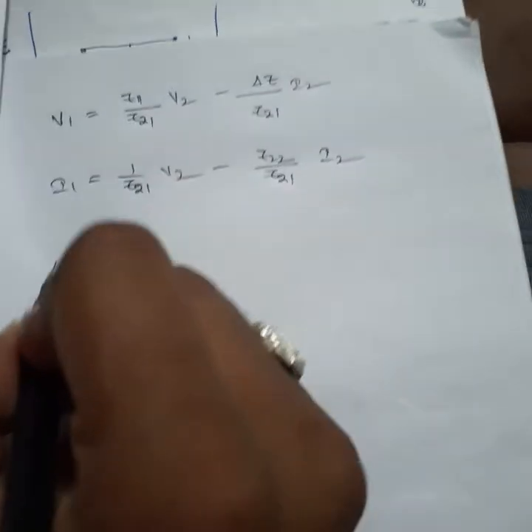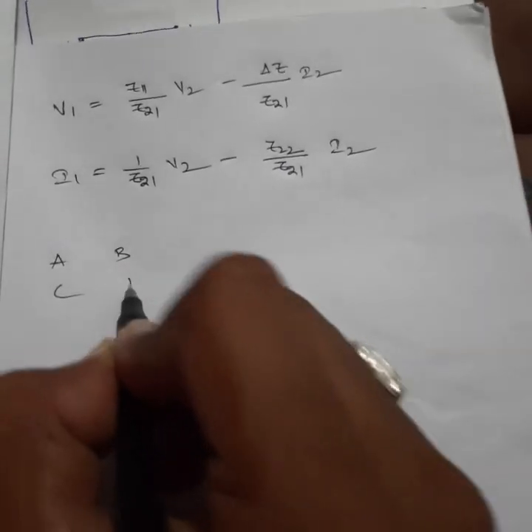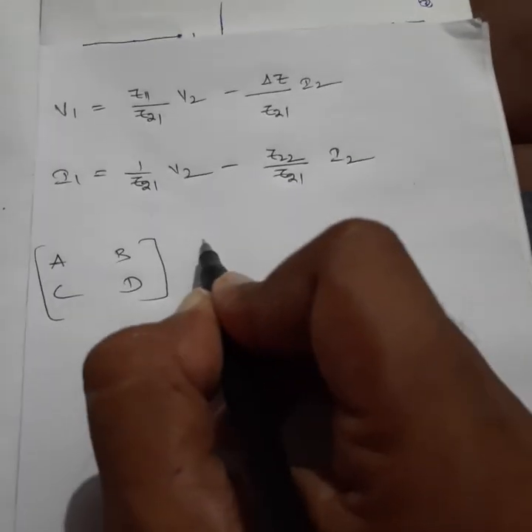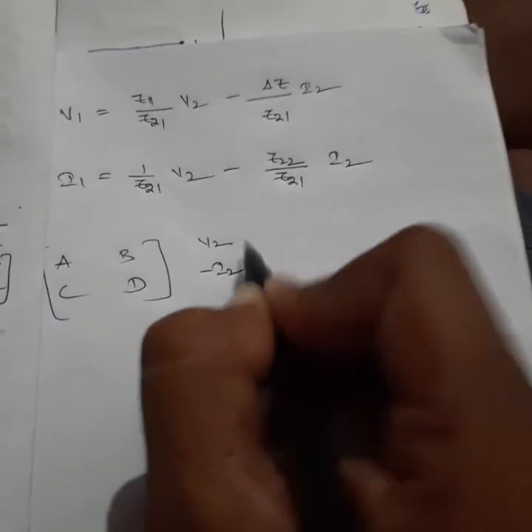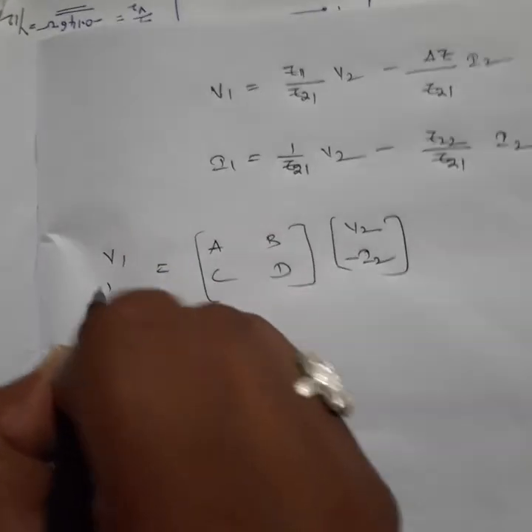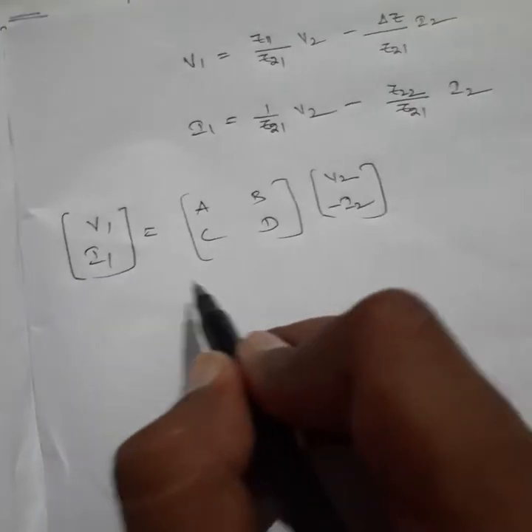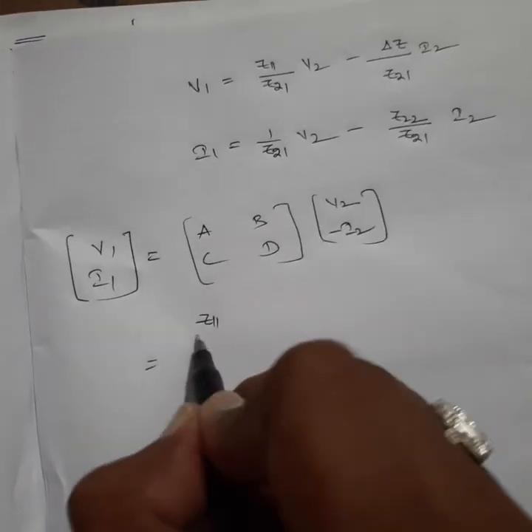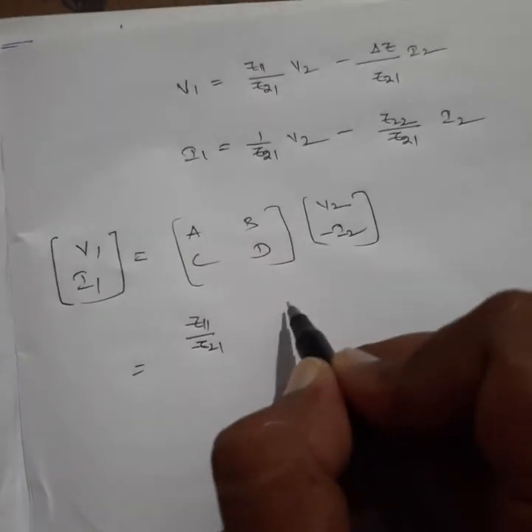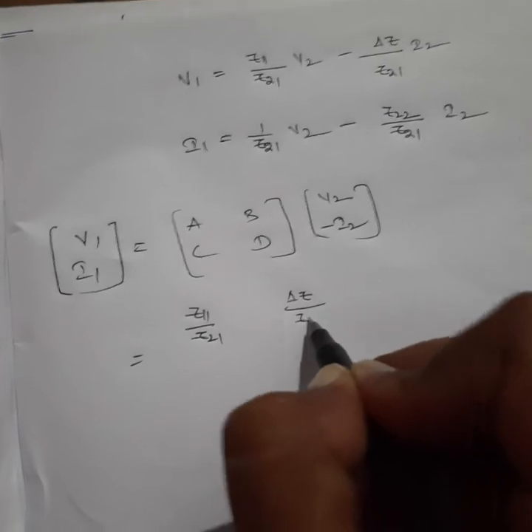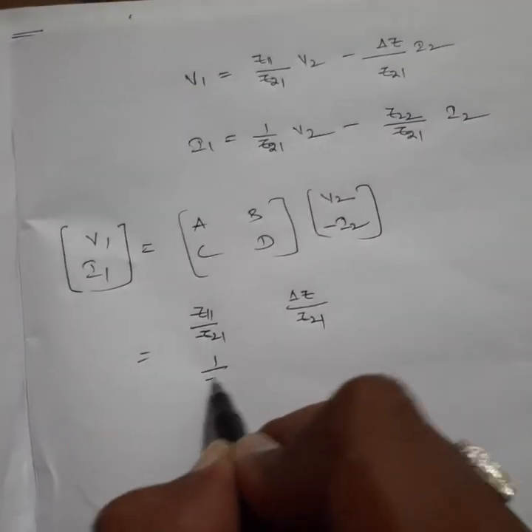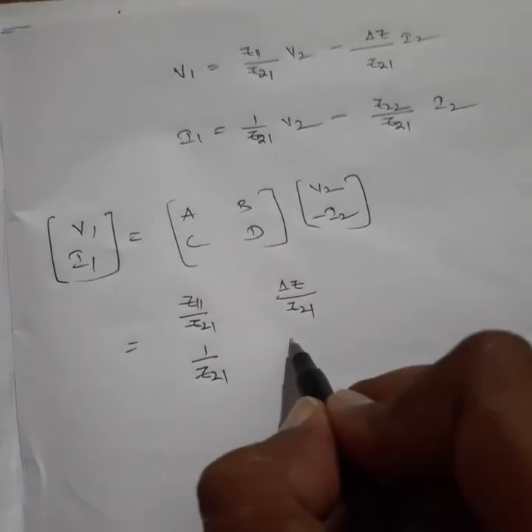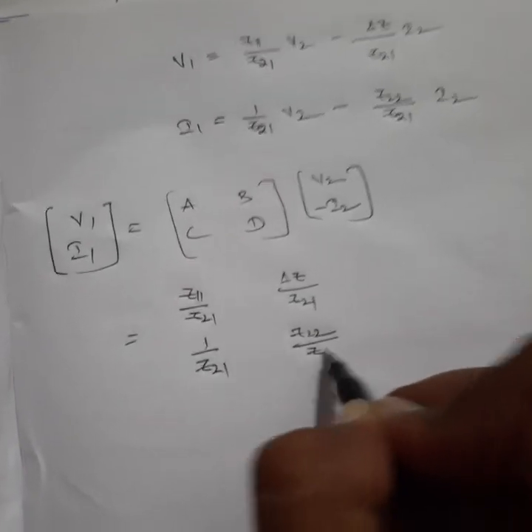So A, B, C, D with V2 and minus I2 equals V1, I1. From the above equations, Z11 by Z21, delta Z by Z21, 1 by Z21, and Z22 by Z21.